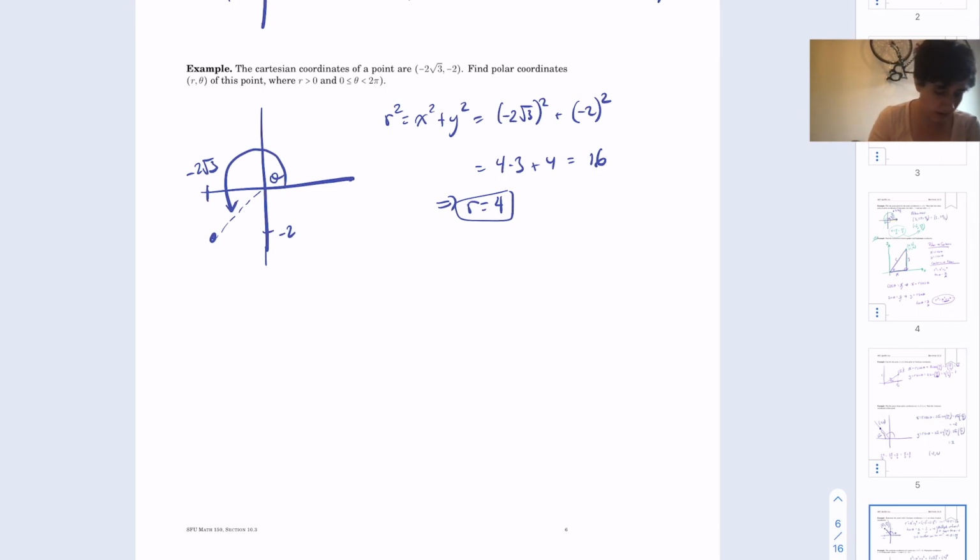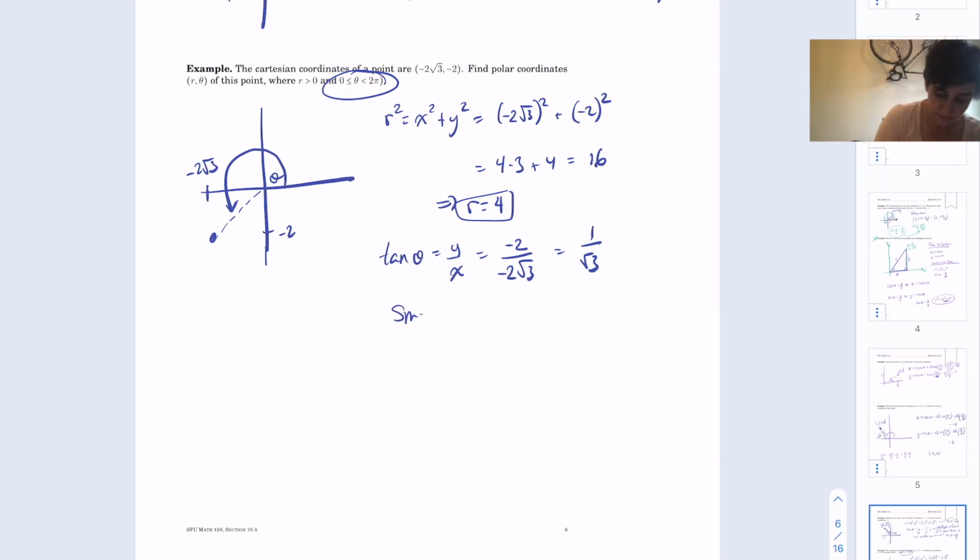Great. Okay. Tan of theta is equal to y over x. My y, well, that is -2. My x is -2 root 3. And so I have 1 over root 3. What is our smallest positive? So we're insisting that it's small and positive because we have to be in this interval from 0 to 2 pi.